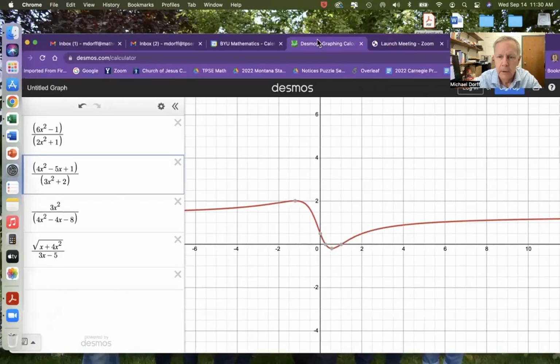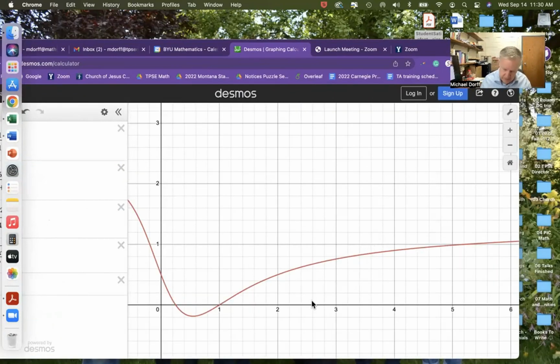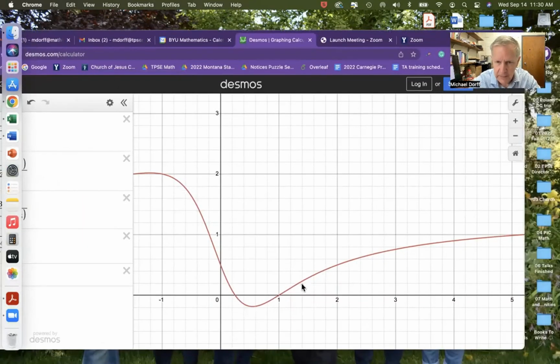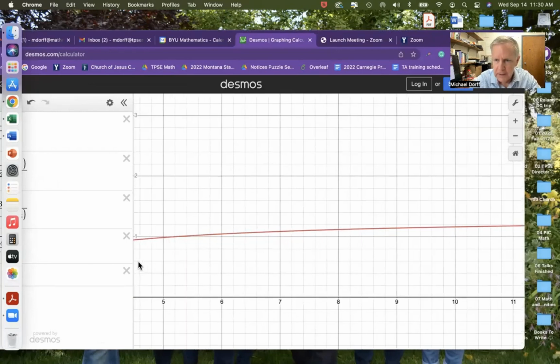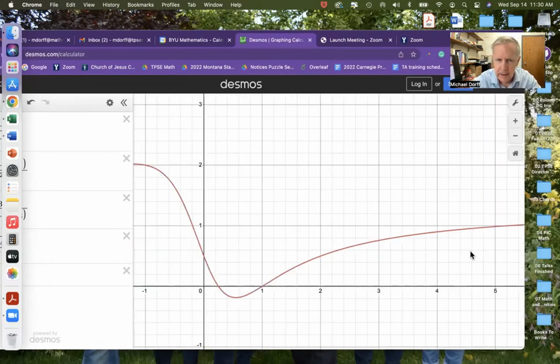All right, here you can see this function, hopefully. So here's my red line. This is the graph of the function that we just did, and what happens to the red line here is I'm going farther and farther right. It's getting above 1, and it's getting closer and closer to that one line there, and that line is the line 4/3.